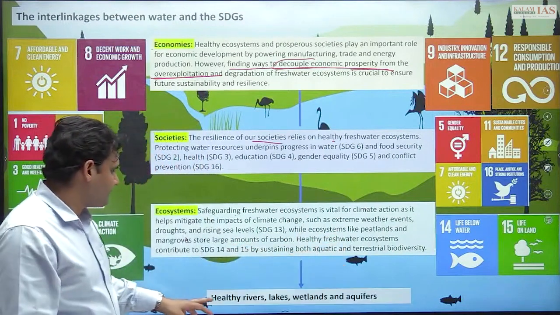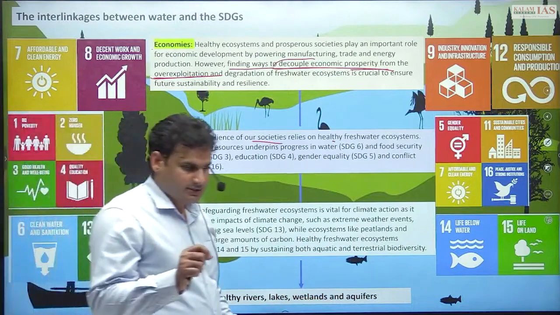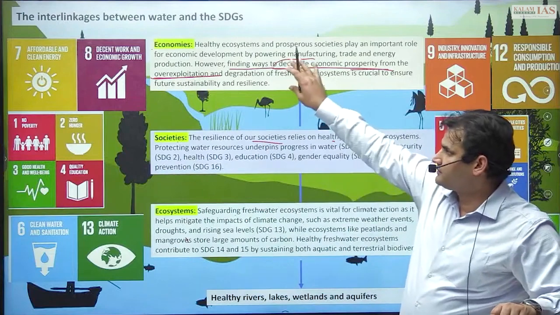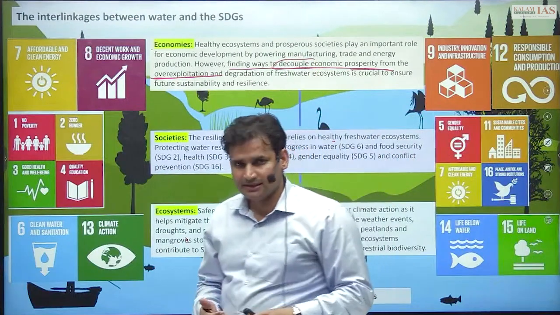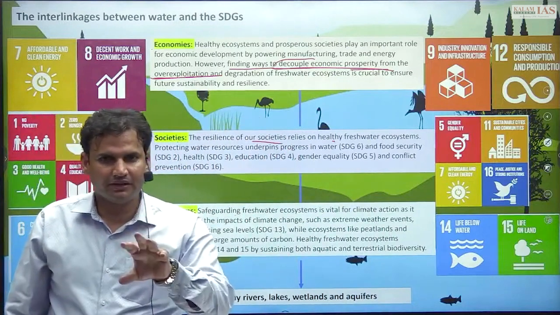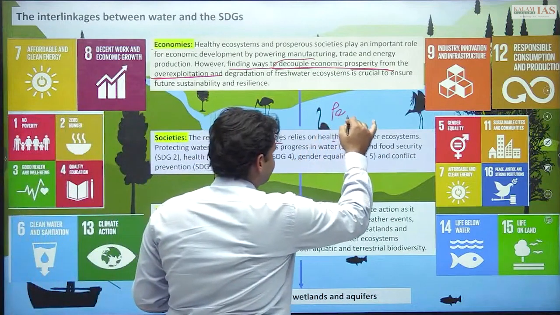Then only we can have healthy rivers, lakes, aquifers, wetlands, etc. And they would ensure that we have proper economies, societies, and ecosystems in sync. And very important, everything is possible with the help of partnerships.